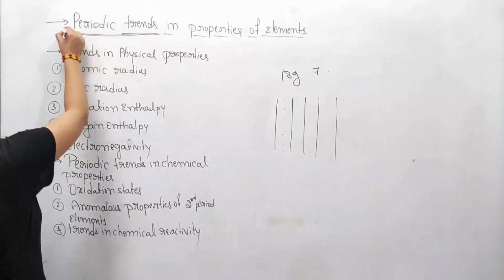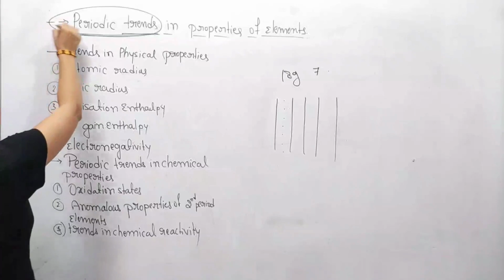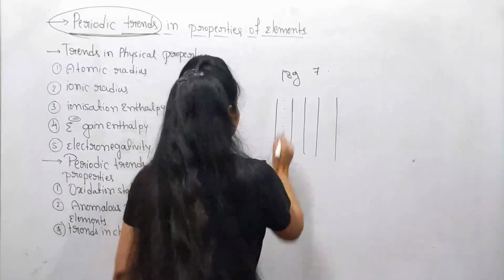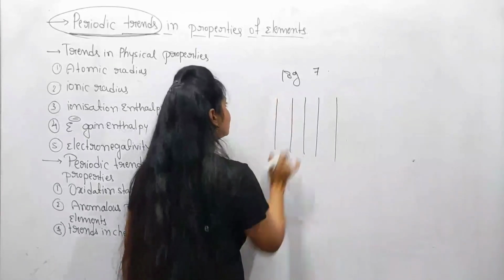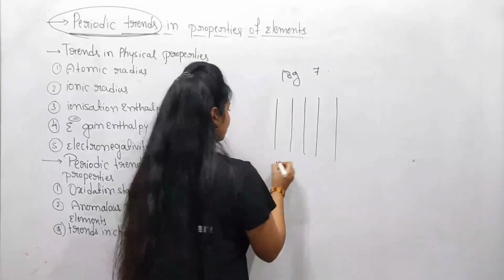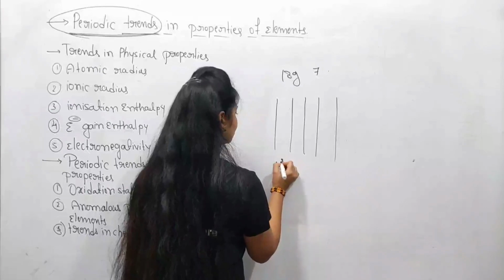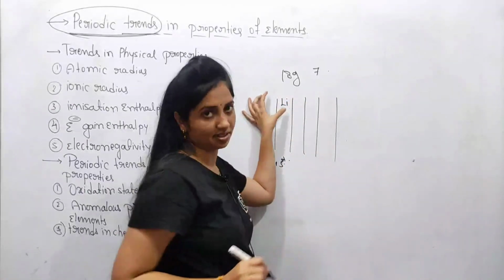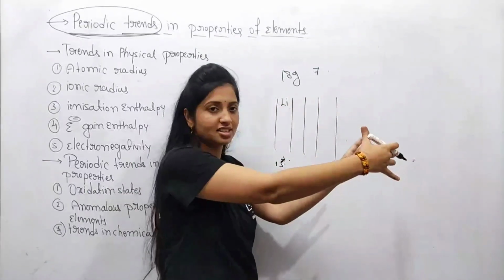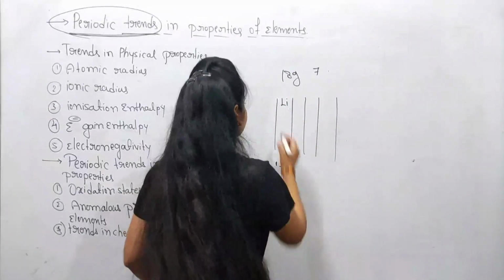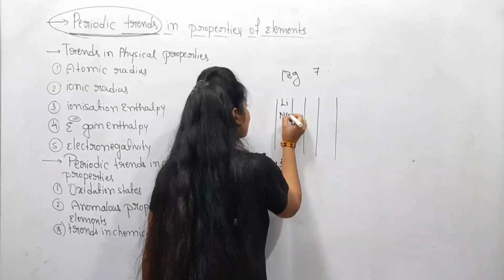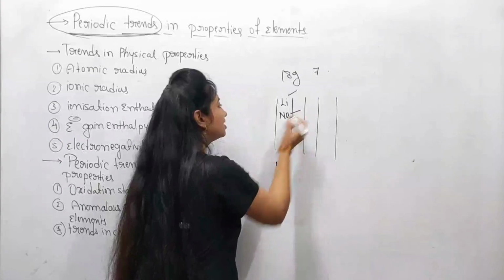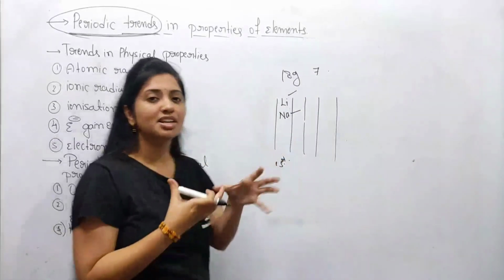What do you mean by periodic trends? Already you know that. Once again I wish to repeat here. Just consider this is the first group. We have lithium here. After some regular intervals, sodium will come under lithium, and lithium and sodium have similar properties.